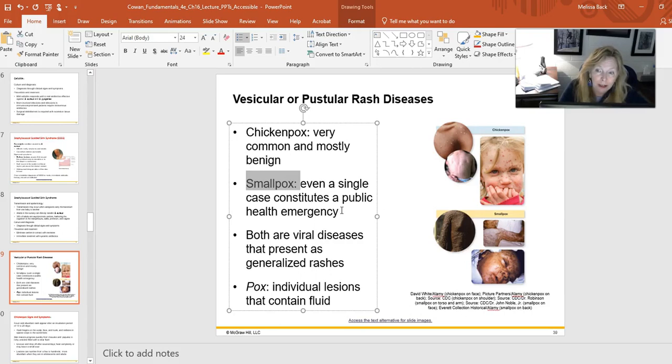The variola virus caused smallpox, and it was eradicated from the human population in the late 70s, in 1977 actually, after an 11-year worldwide campaign of going out with volunteers and immunizing populations around the globe. Then we eradicated smallpox, a wonderful accomplishment for humanity.